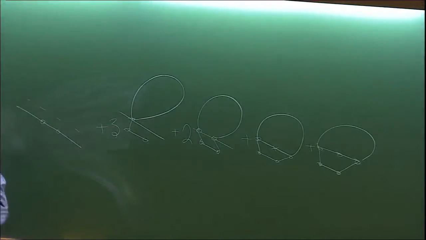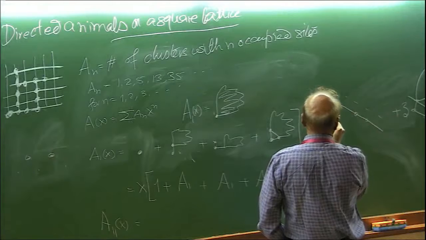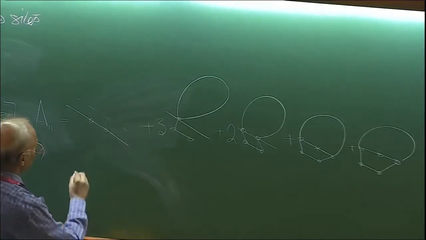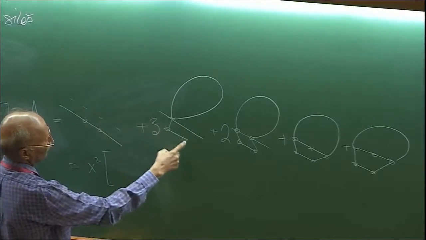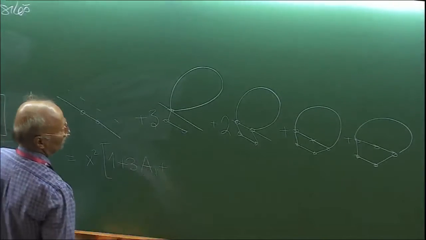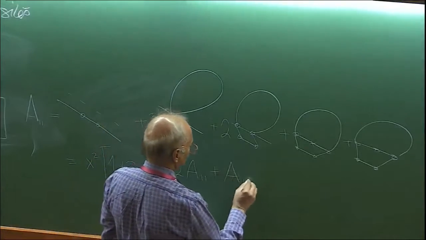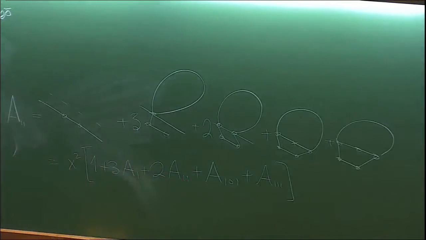Okay? So we write A11 equal to the weight of all these animals. In each case you write x squared. This is the weight of these 2 things: 1 plus 3 A1 plus 2 A11 plus so on. And I get a feeling of deja vu because I have seen the same equation before.